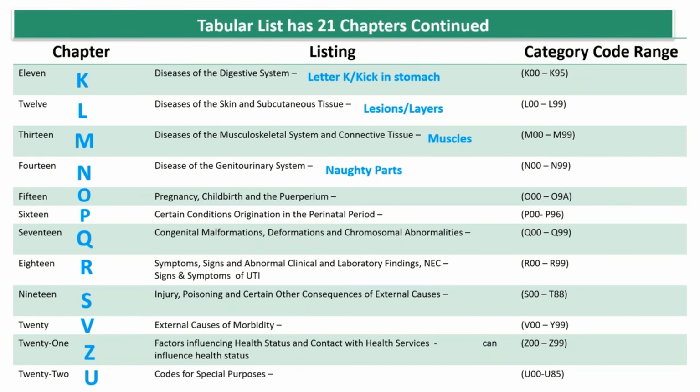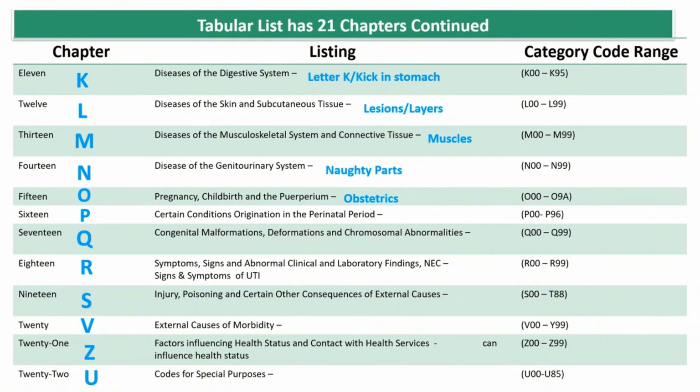Chapter 15, you'll find them in the chapter Pregnancy, Childbirth, and the Puerperium. And pregnancy-related conditions begin with the category letter O, O00 through O9A. And when we think of O conditions, we think of obstetrics, right?